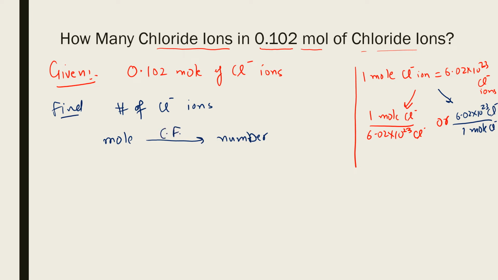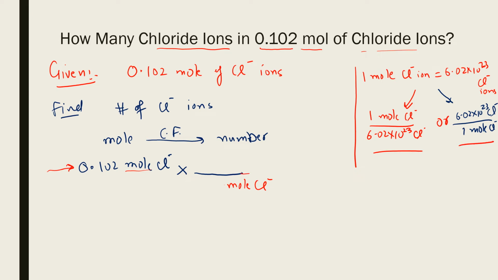So you start with your starting or given value, 0.102 mole of chloride ions. Now we're going to multiply with a conversion factor. Which conversion factor are we going to use? We're going to use the one where the mole gets cancelled. So it means we have mole up here, so now we're going to need mole down here so that we can cancel it.